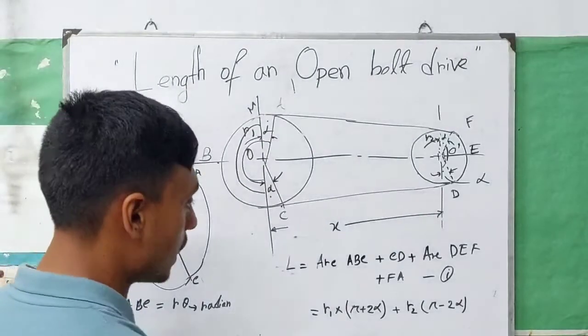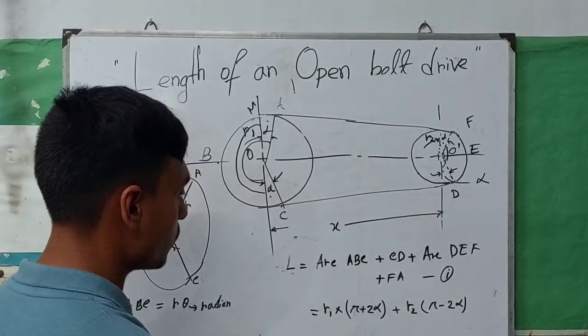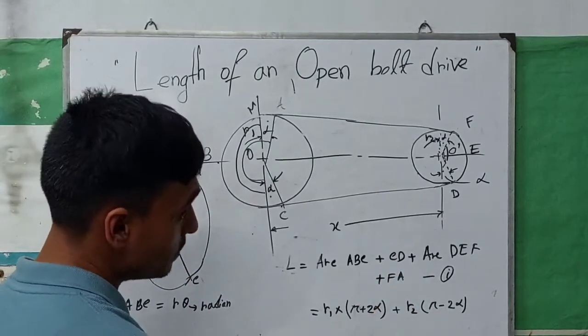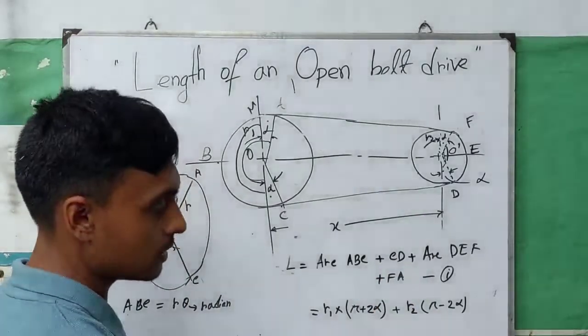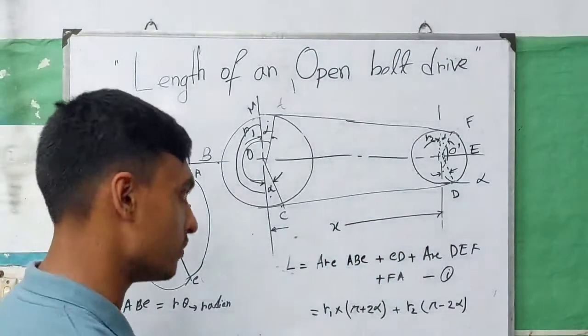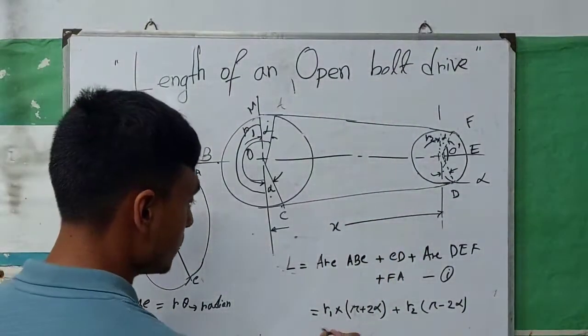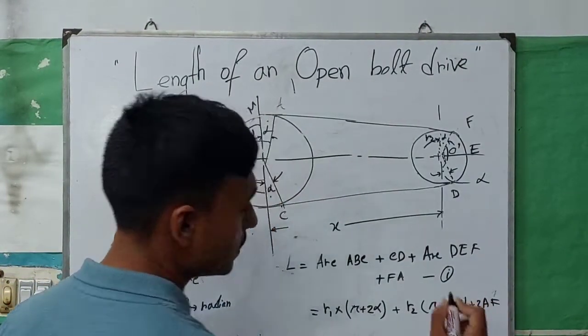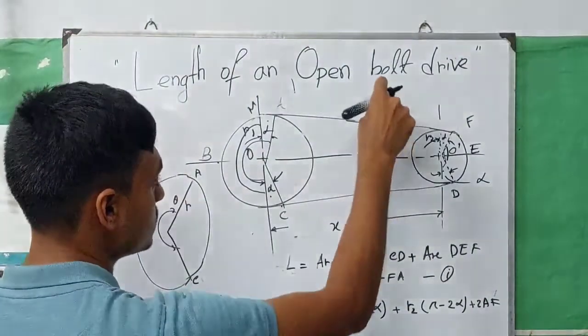That is our two arc lengths, and we are now trying to find FA and CD. It is very interesting that when we set up this belt system initially, CD must be equal to FA. So we can write 2 times CD, since initially the two lengths are equal.